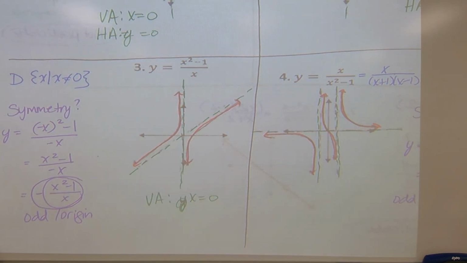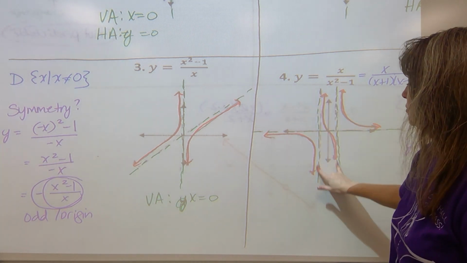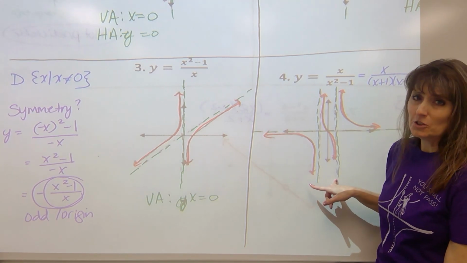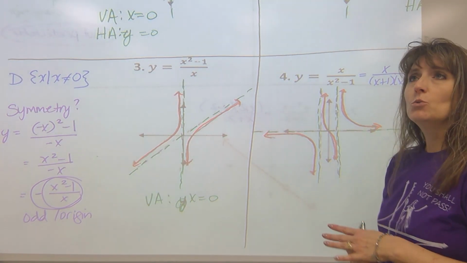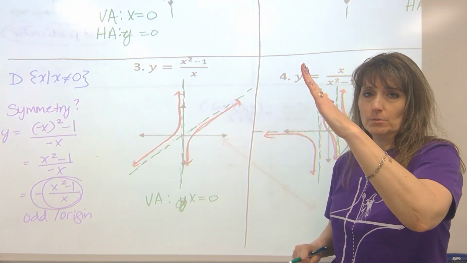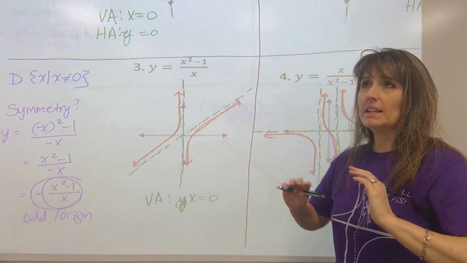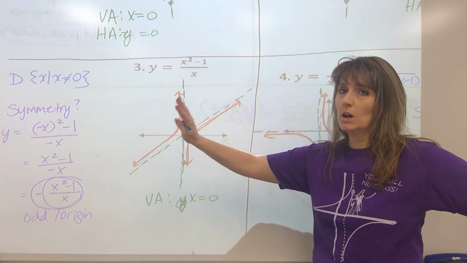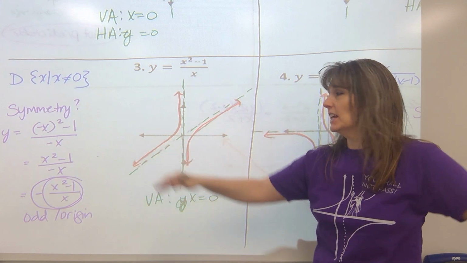You can have more than one vertical asymptote. For example, this function has 2 vertical asymptotes. You could have a function with 3 or more vertical asymptotes, but you are only going to have one horizontal or slant asymptote, only one, ever, because that horizontal or slant asymptote tells you what happens at the ends of the function as x approaches positive and negative infinity.